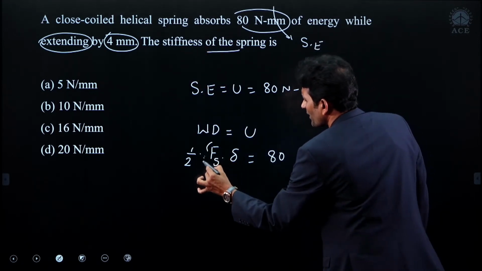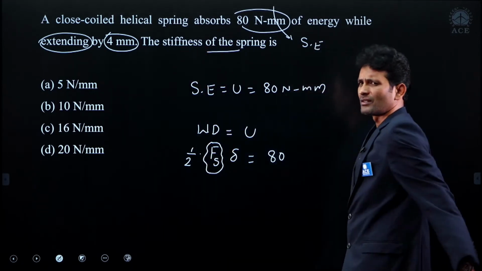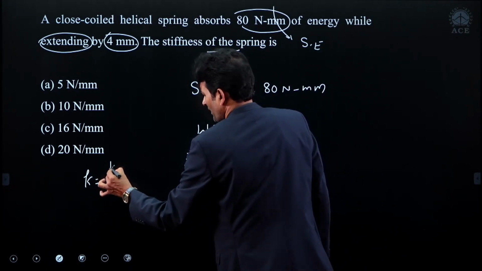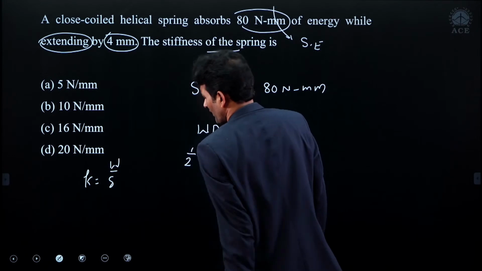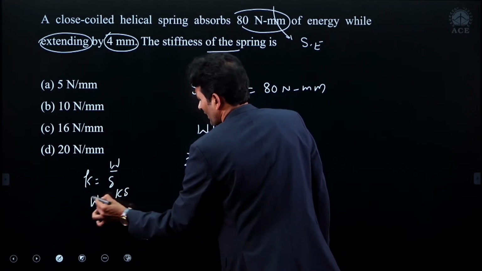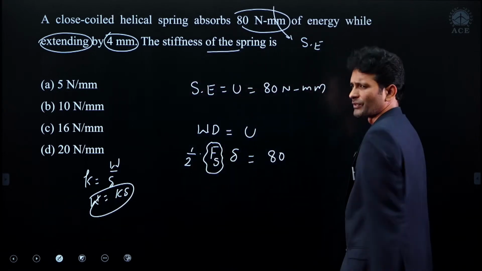So, this spring force I am converting into stiffness. As we know, stiffness equals load by deflection. The general formula: W is nothing but K del, and here W is Fs.